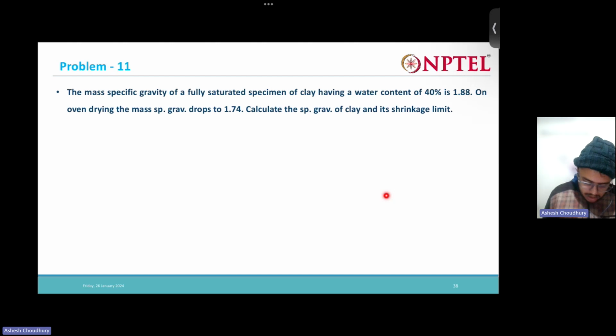Okay, so mass specific gravity is nothing but gamma t by gamma W. For the saturated sample, total is nothing but the saturated unit weight.